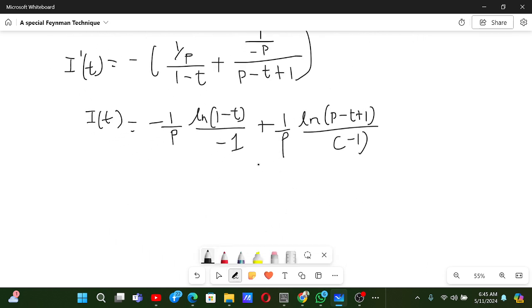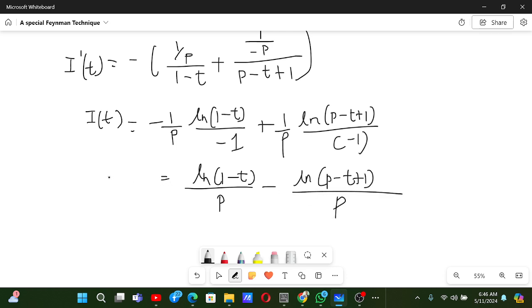Let us do some simplifications: ln of 1 minus t by p minus ln of p minus t plus 1 by p. This is the final result, but I of t is not what we are expecting. Also, there needs to be a plus c over here. I forgot that. First of all, let us find the value of c, and then we will proceed.